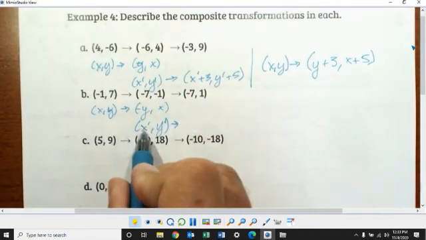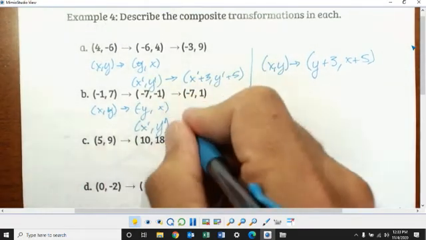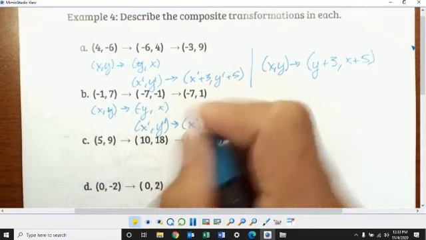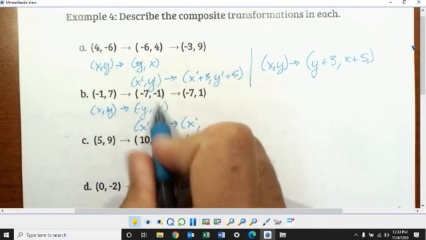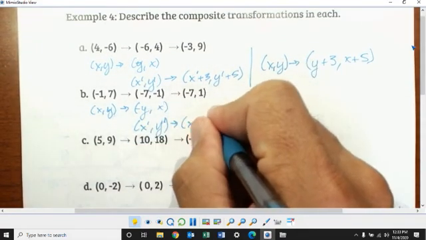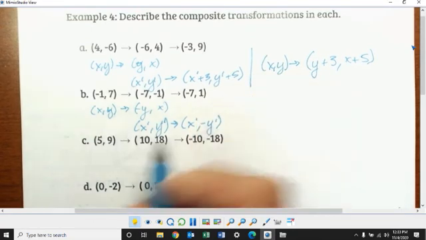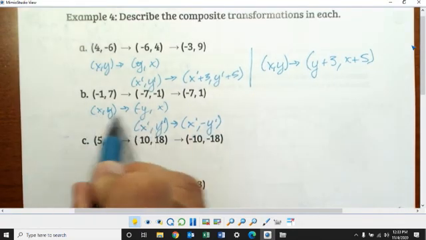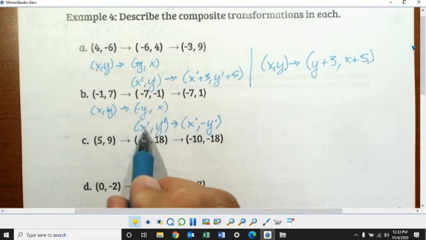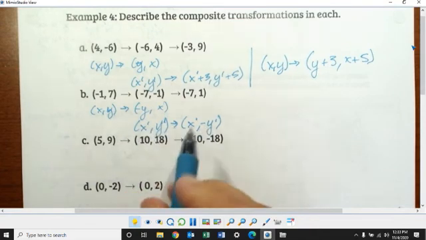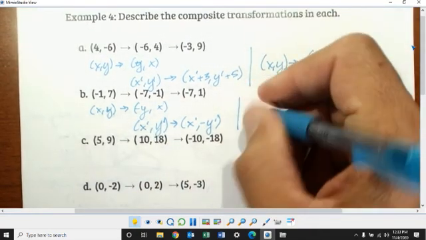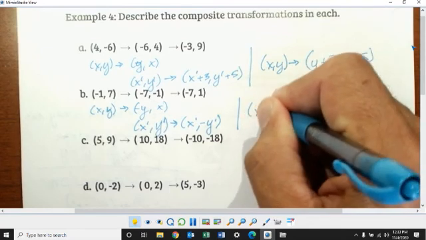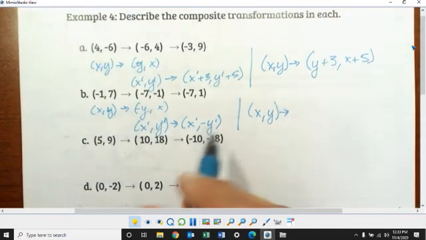So now looking here, I've got x prime is negative 7. That's the same thing here. And this y prime is negative 1 becomes 1, so that's negative y prime. So it's first a rotation of 90 degrees, and the next one, when the y changes, it's a reflection across the x-axis.